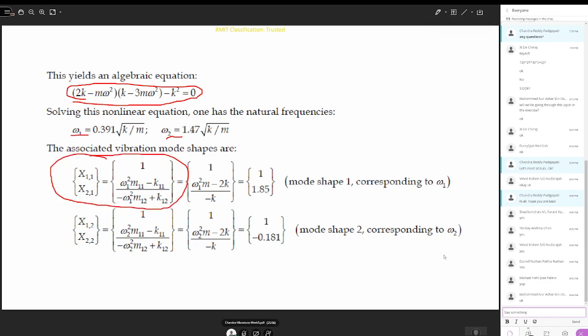In the previous slide I showed you the two formulas, so you can use them. You know all the values here, so substitute these back, and you will be able to get the mode shapes for the two frequencies.